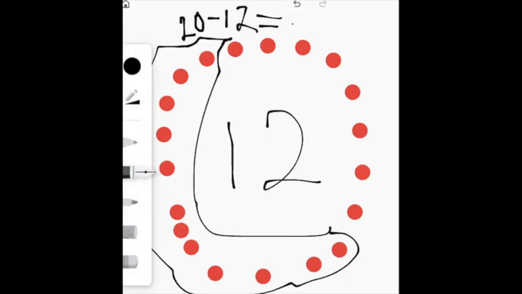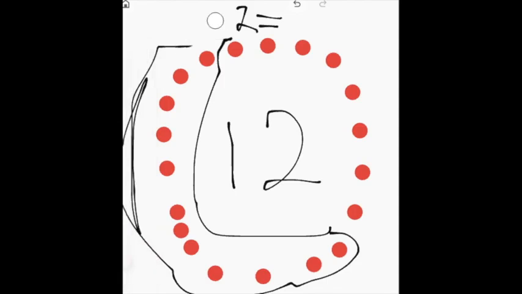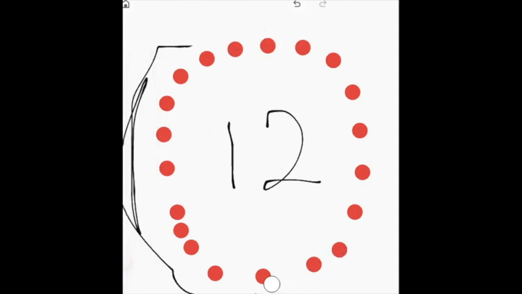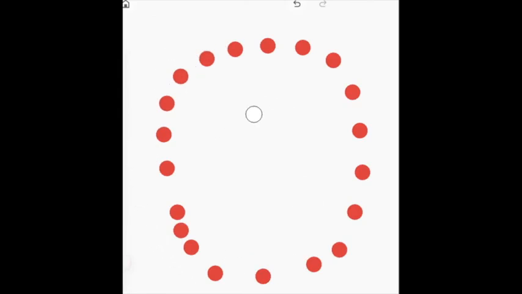So we think the answer is going to be 8. Let's find out. 1, 2, 3, 4, 5, 6, 7, 8, 9, 10, 11, 12. Yep, that worked. It's a pattern. 2 needs 8 to get to 10, and 12 needs 8 to get to 20.